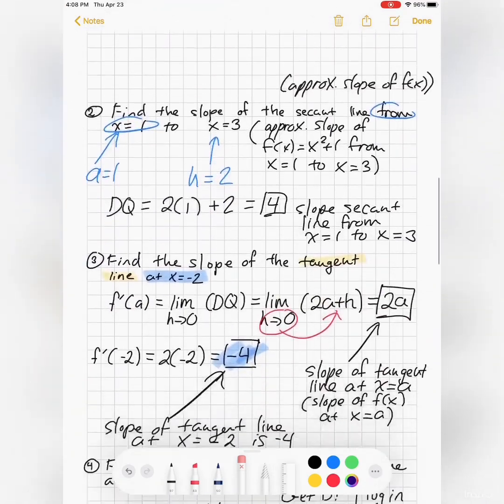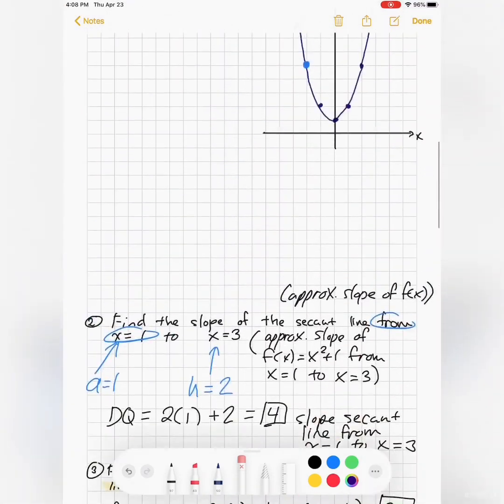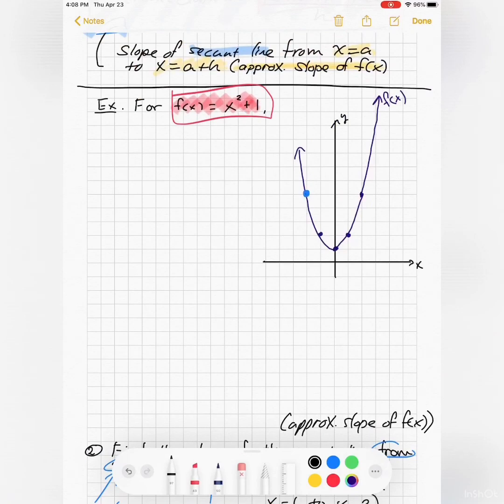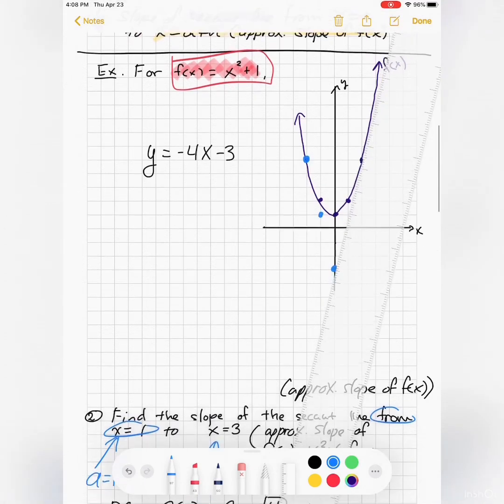I don't remember what it was now. It was -4x minus 3. Okay, so the y-intercept is -3. Slope is -4, so I'd go 1, 2, 3, 4, left 1. 1, 2, 3, 4, left 1. Okay, and then let me draw a line.